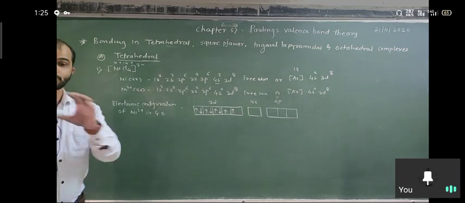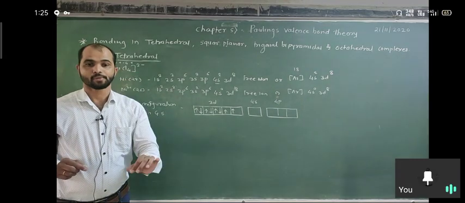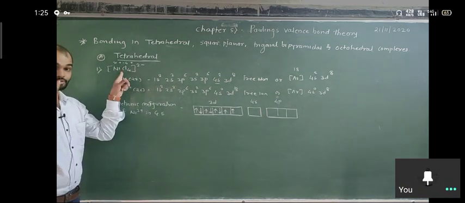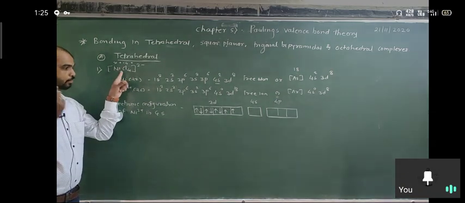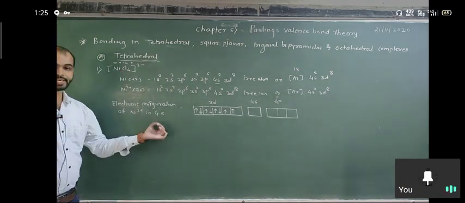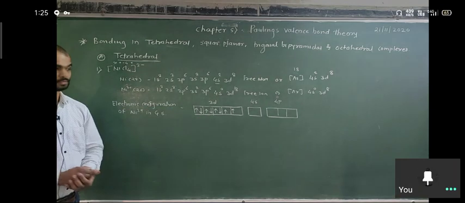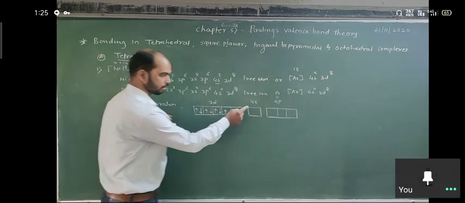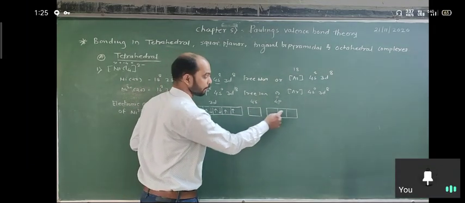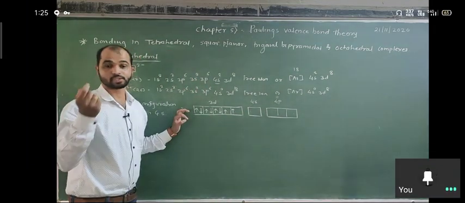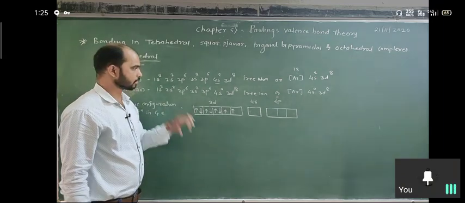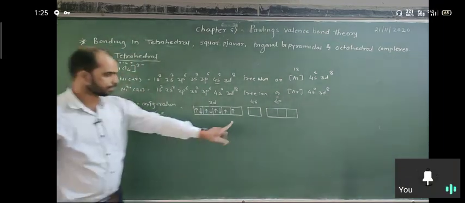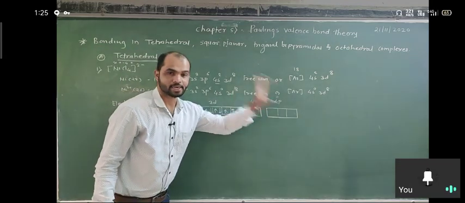The metal should provide empty orbitals equal to the coordination number. Here coordination number is 4. If there is a coordination number of 4, we need 4 empty orbitals. And is it available or not? See here, 4s and 4p orbitals are available because they are empty. That means the central metal ion undergoes which hybridization? sp3 hybridization.